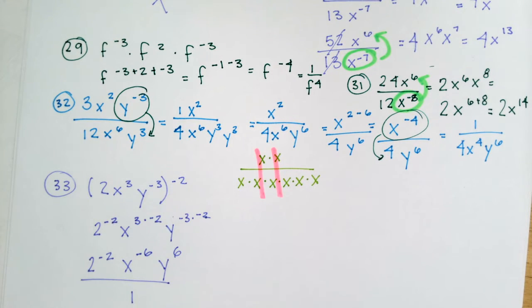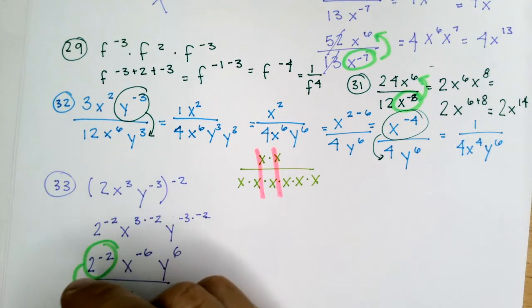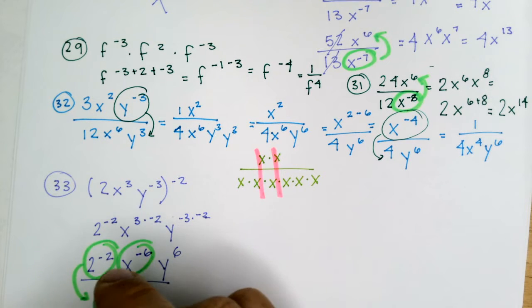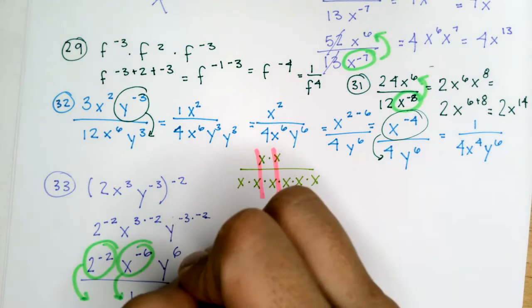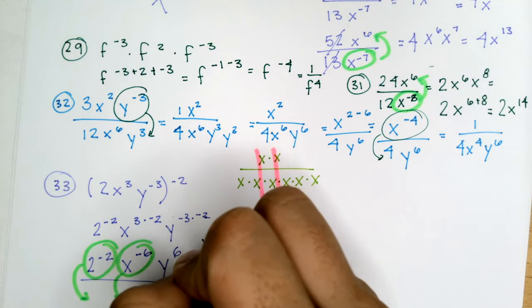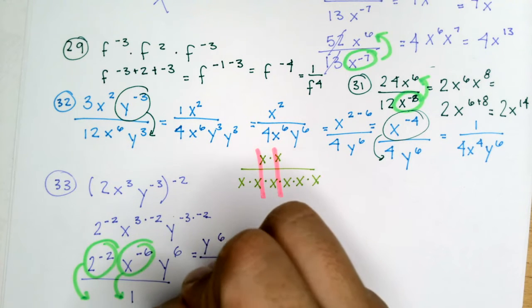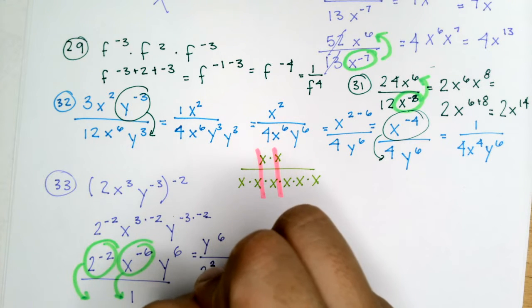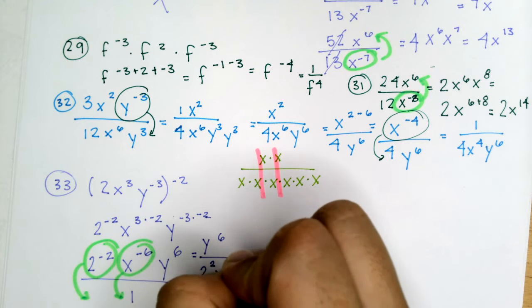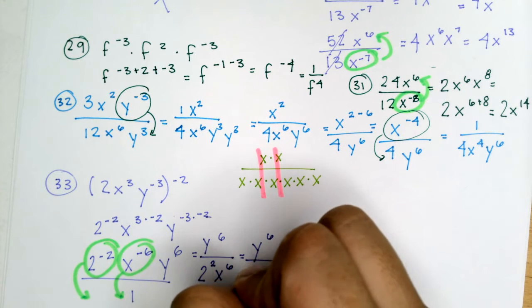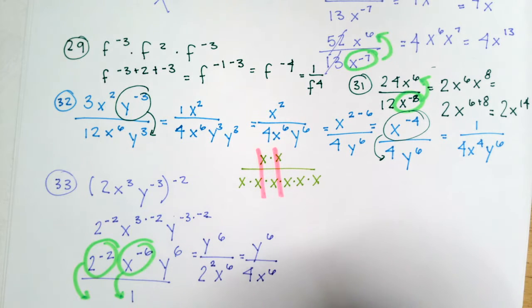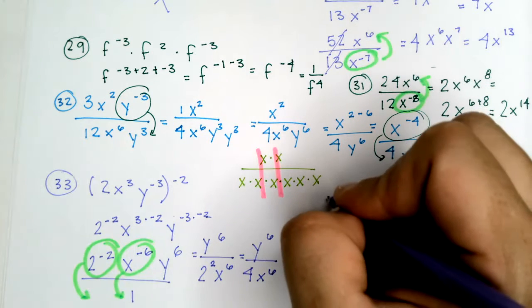Now I see that I need to move this one, and I need to move this one. What I get is y to the 6th over 2 squared x to the 6th, which is y to the 6th over 4 x to the 6th. Good. All right.